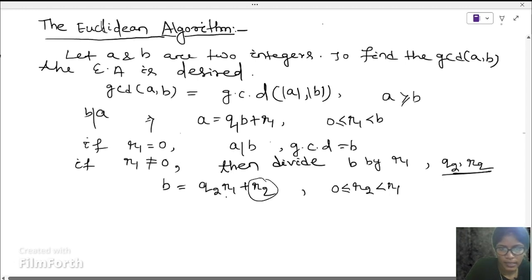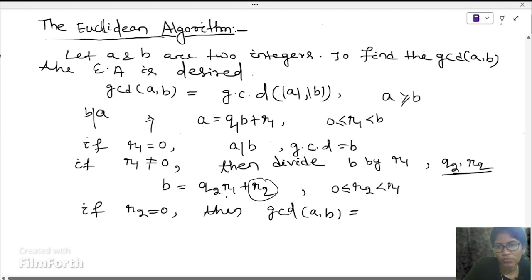Next, two conditions arise. If r2 equals 0, then the GCD of a, b is equal to r1. That means the previous remainder is our GCD. This is step two.